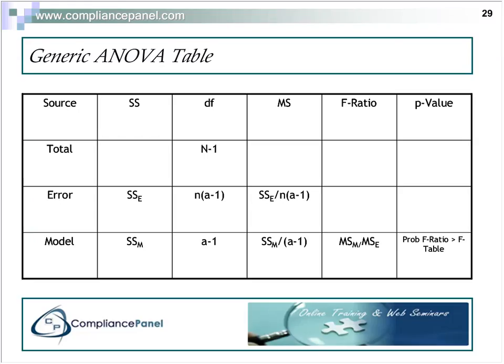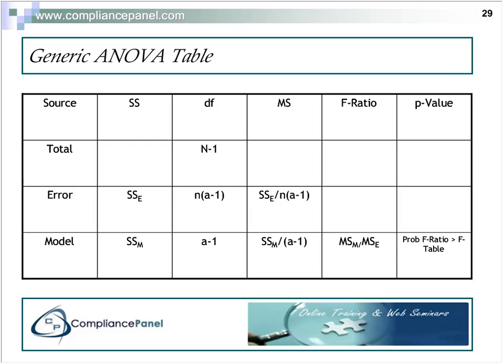And we take this F ratio and we compare it to a table of F values where we have the numerator degrees of freedom, which is the model, which is a minus 1, the number of levels minus 1. And then you have the error, which is n, the number of replicates, times a minus 1, the number of levels minus 1.